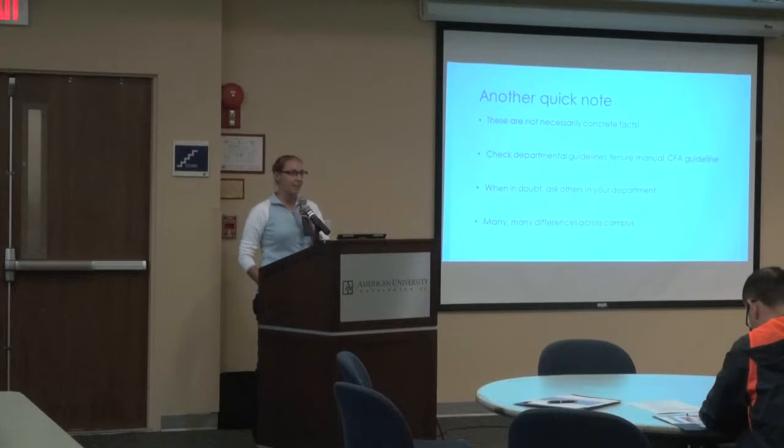So when in doubt, ask people who are evaluating you or others who have gone through evaluation processes. And metrics is a very tricky thing that gets interpreted and understood very differently, depending on your discipline, as well it should be. So this is all fairly generic. So make sure that you are familiar with how things work in your department, because things change.